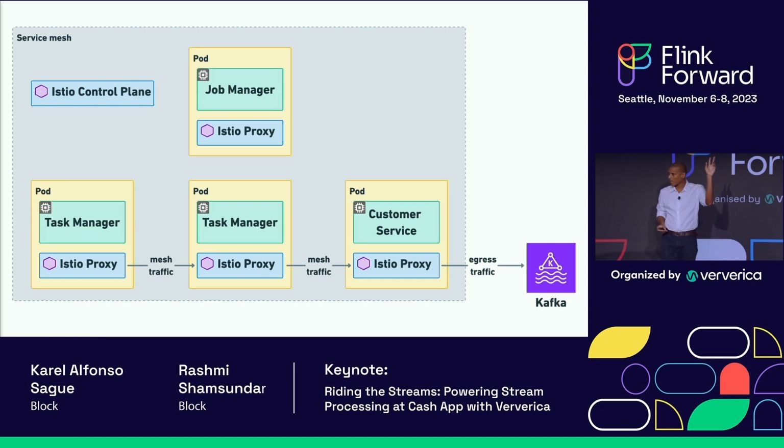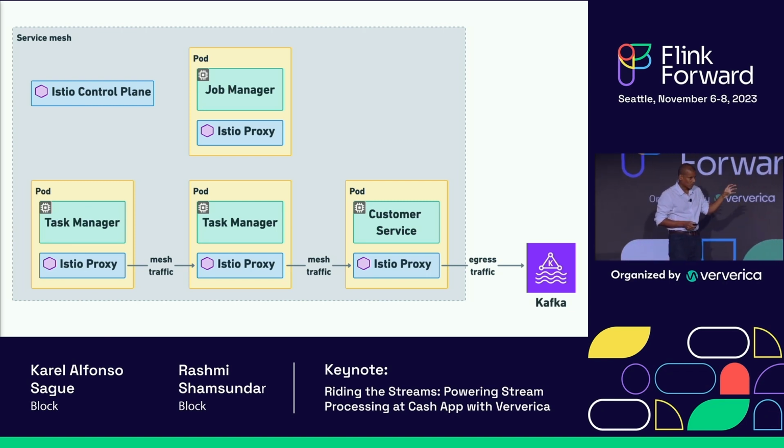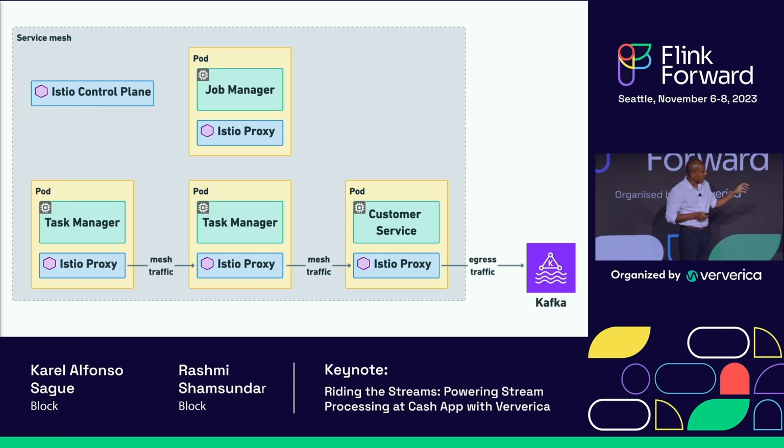People familiar here with the concept of service mesh? All right, I'll quickly explain. So we deploy in Kubernetes as well. I imagine people are familiar with Kubernetes as well. So the way we deploy our Flink jobs in Kubernetes, we use a service mesh.